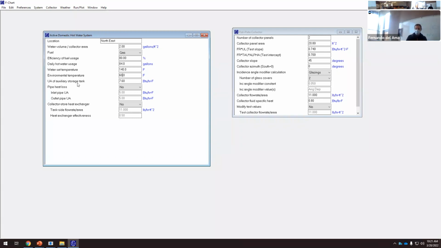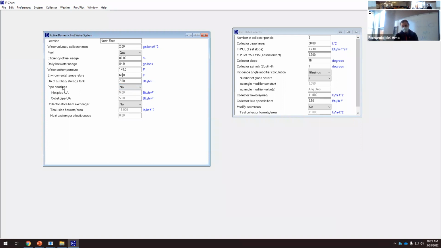It's a cylinder, and usually we have how many inches of thermal insulation? 2 inches maximum. So we don't have 10 inches of thermal insulation for this kind of tank. And the area depends on the volume of the tank. Anyway, by default, we can leave this value, but we have to find this in the specifications of the water tank.